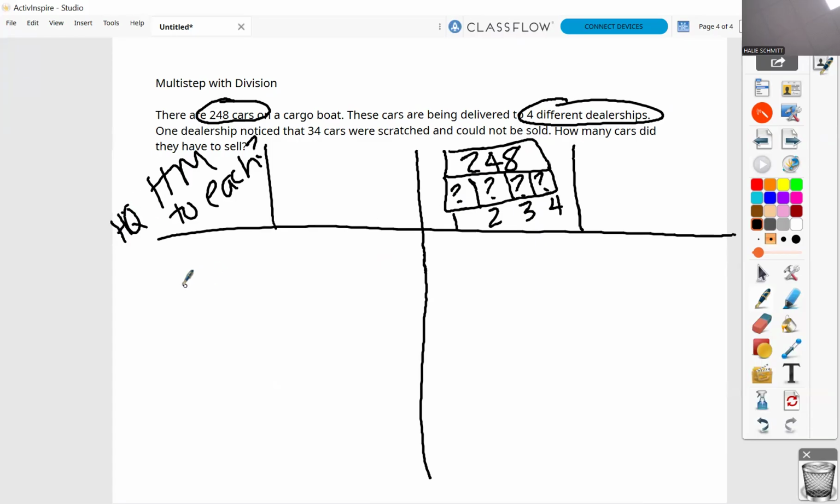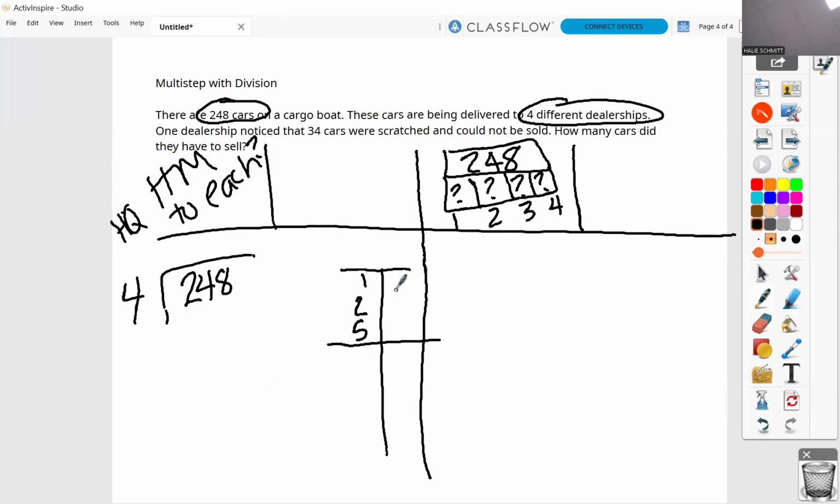So again, I would divide. 248 is my dividend. 4 is my divisor. I make my friendly number T-chart. You can do 1, 2, 5.